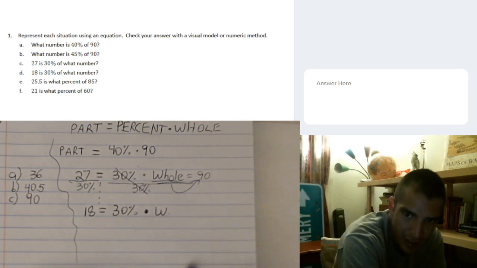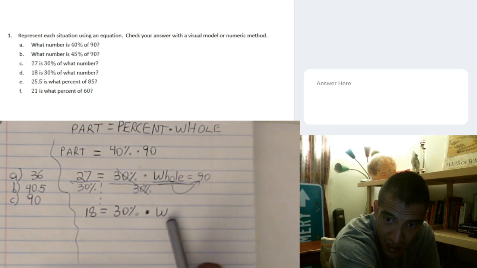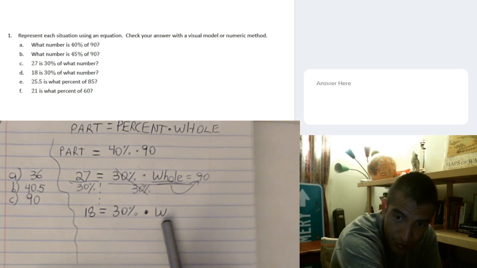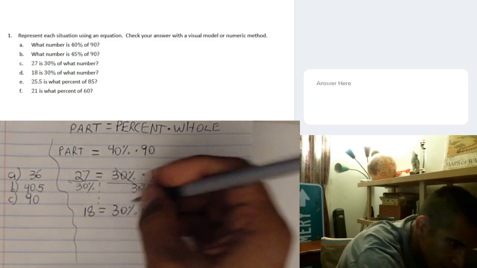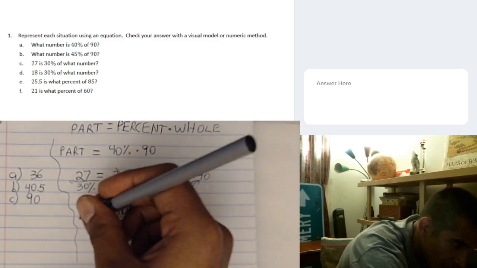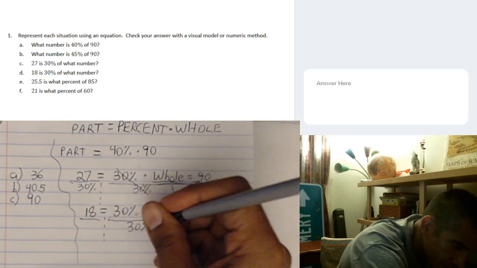We're going to find the value of W. To get W, the whole, by itself, you need to get rid of this times 30%, and to do that, you divide on both sides by 30%.